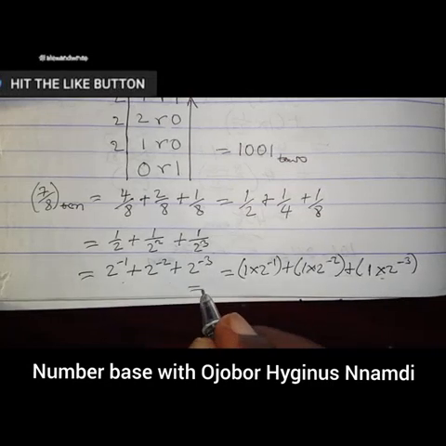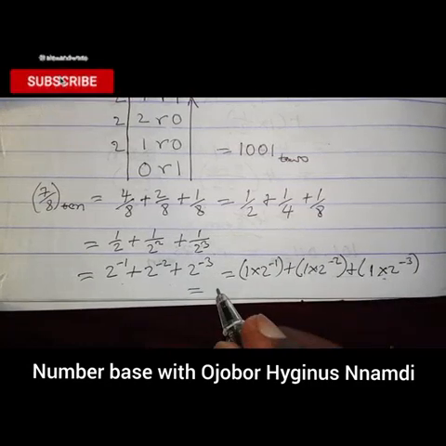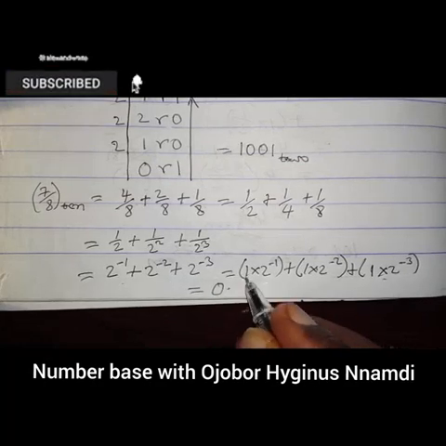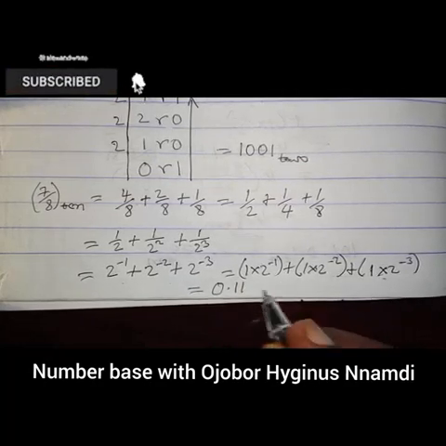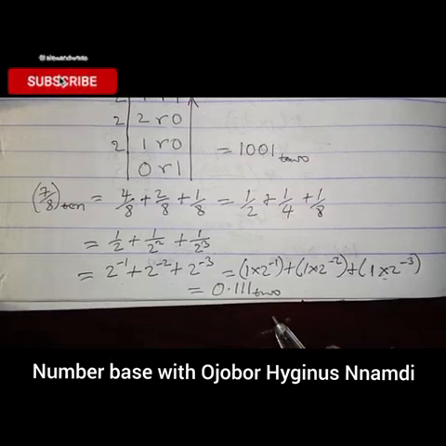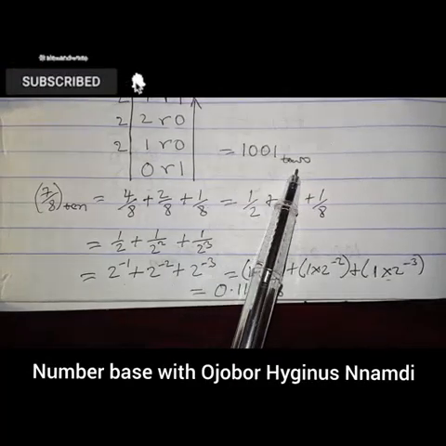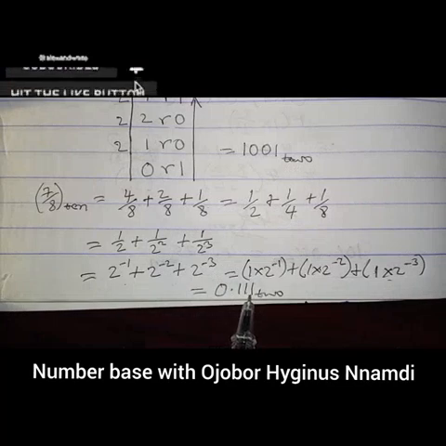So we can actually say that since this is a place value, taking place values of minus 1, minus 2, minus 3, this is going to be 0.111 in base 2.